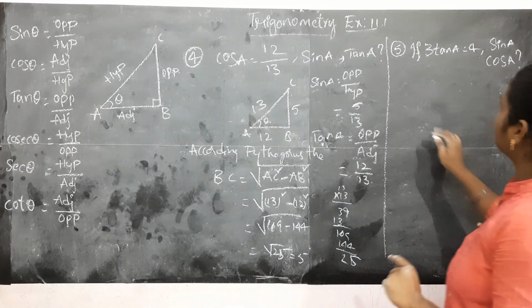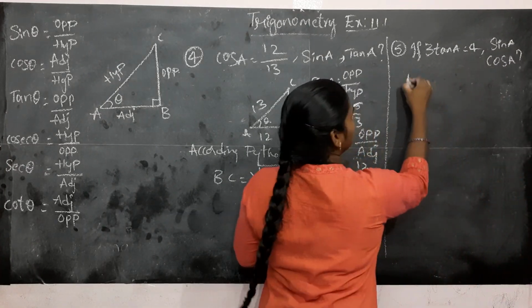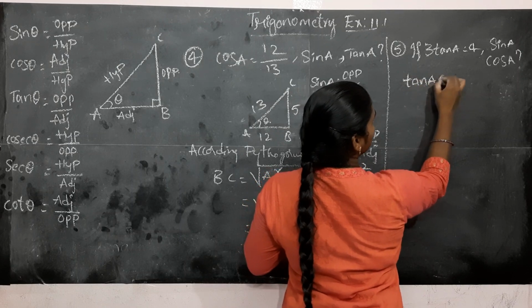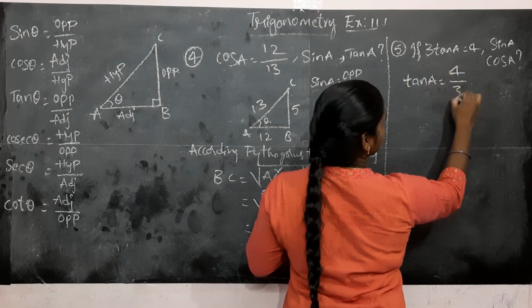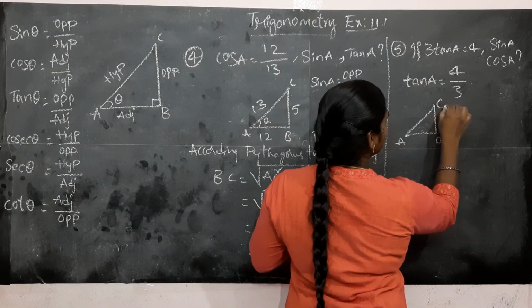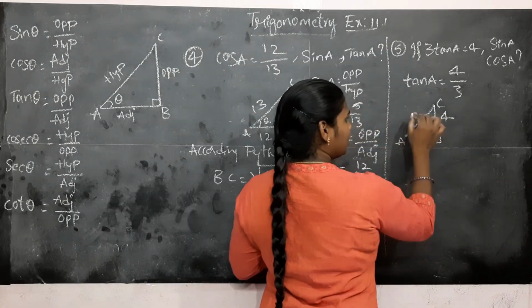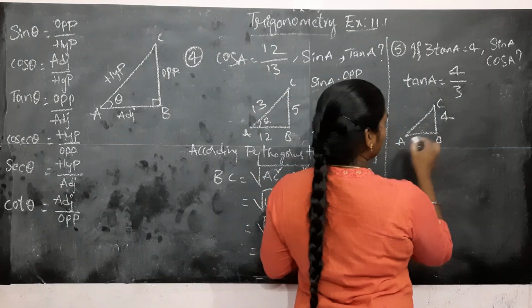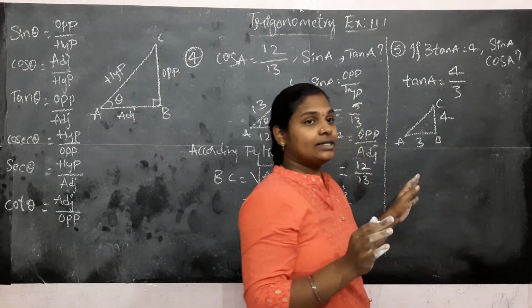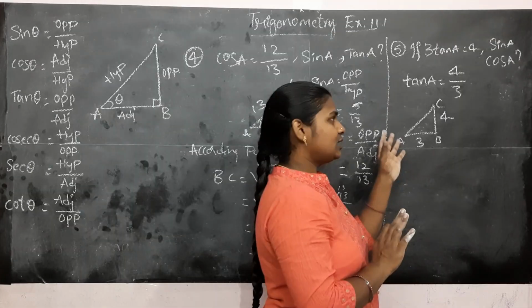Here, coming to the fifth problem, given 3 tan A is equal to 4. So tan A is equal to 4 by 3. From here, A, B, C, tan A is nothing but opposite by adjacent. So from here, can we figure out AC? Yes, according to Pythagoras theorem. Here I am writing it in short form; this is quite simple.